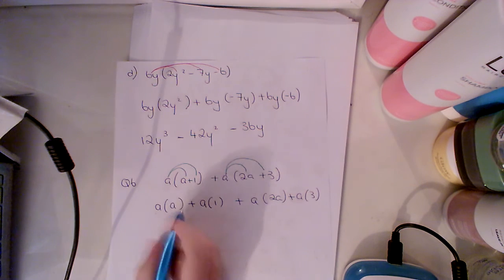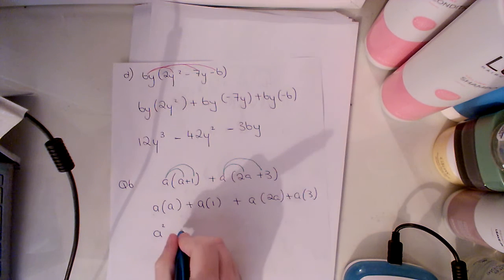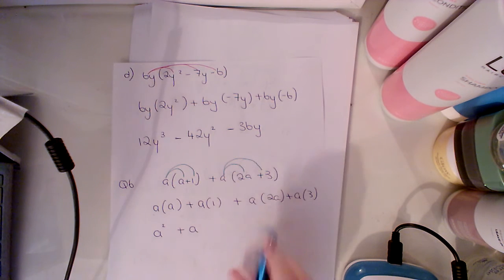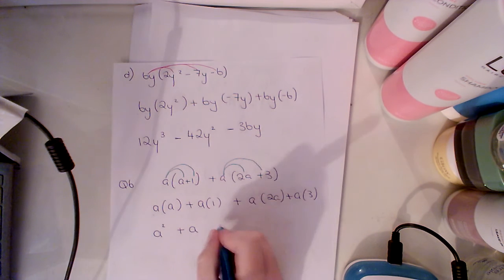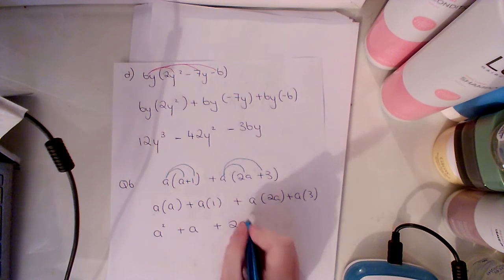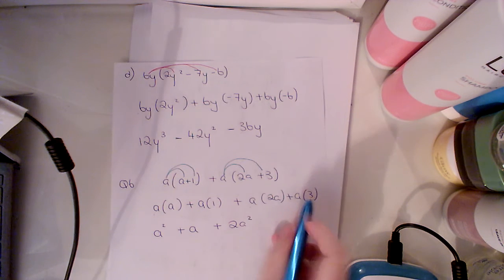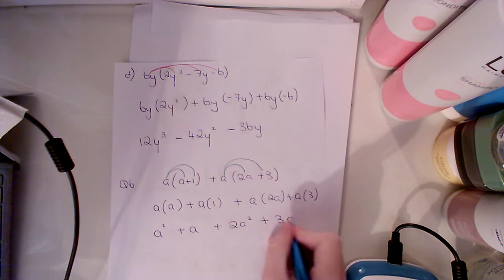So a times a will give me a squared, a times 1 will give me plus a, a times 2a will give me plus 2a squared, and a times 3 will give me plus 3a.